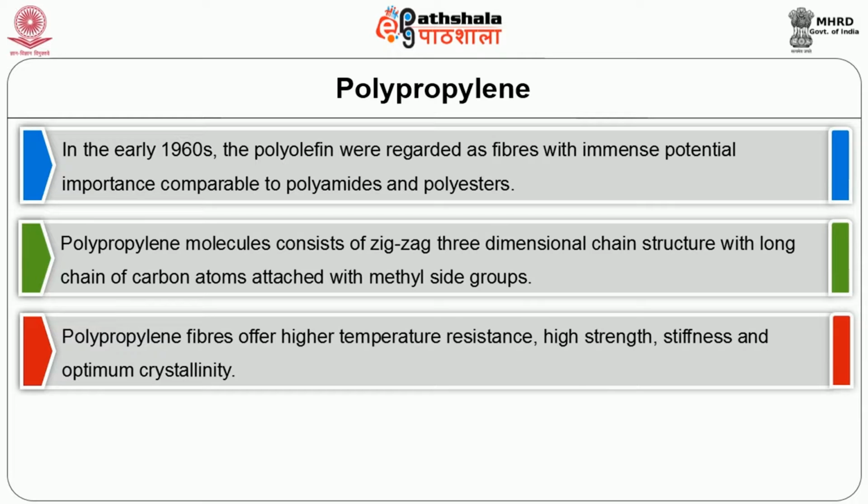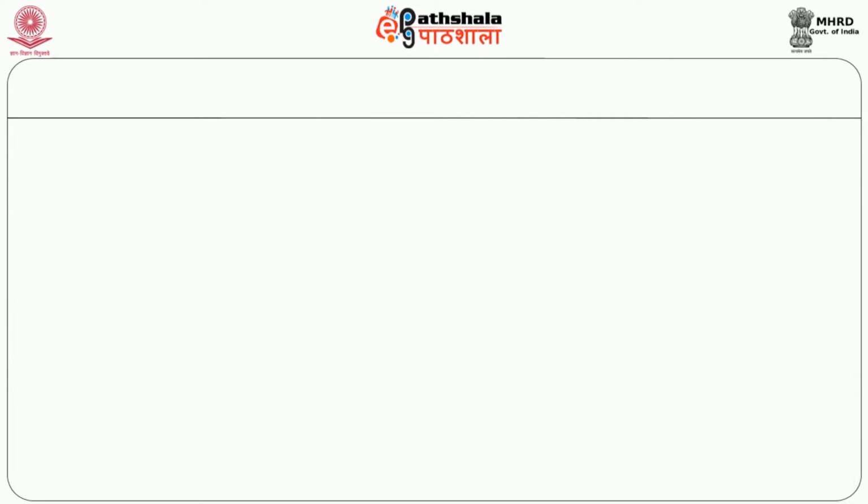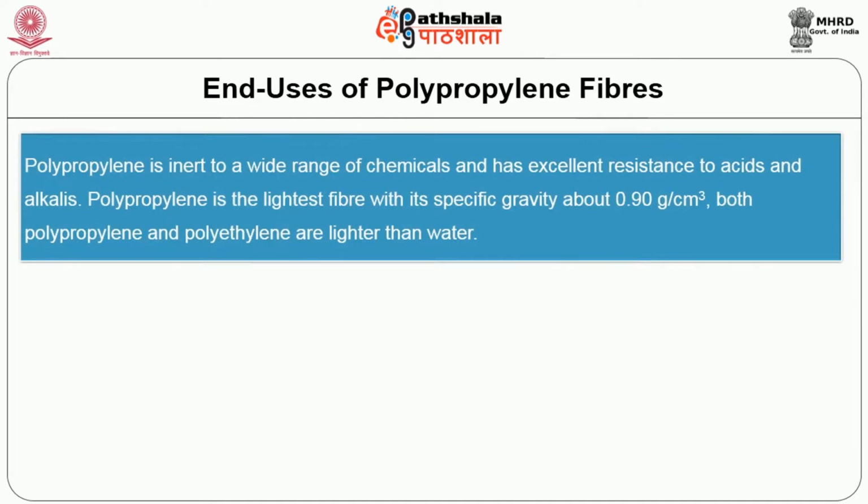The spinning and processing conditions have a great influence on fiber properties. The fibers are produced in the form of staple fiber, tow, mono and multifilament yarns and slit films. Polypropylene is inert to a wide range of chemicals and has excellent resistance to acids and alkalis.